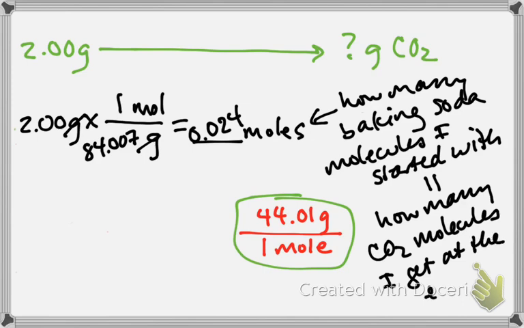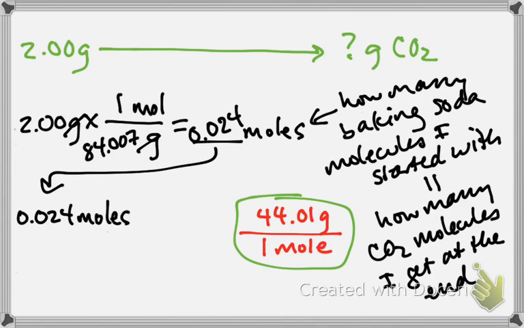So this is the number that we're going to compare your number to. I'm going to take that number and say, this is what I expect: I expect that many moles of CO2 to come out the other end. But now I'm like, okay, well, did it come out the other end?